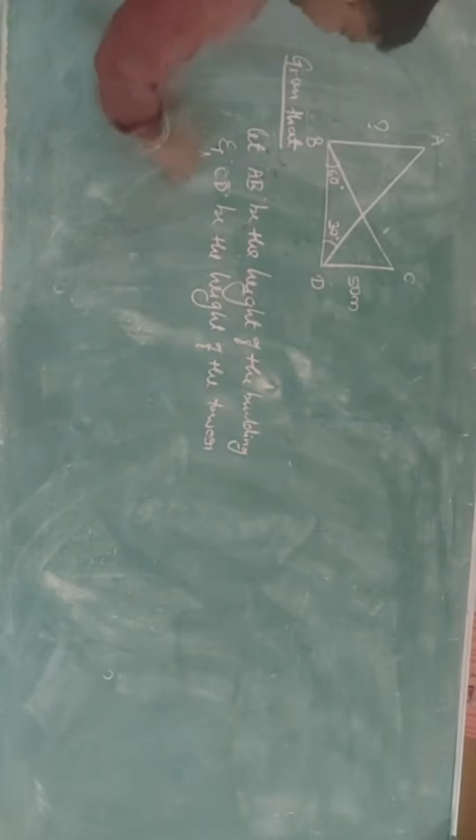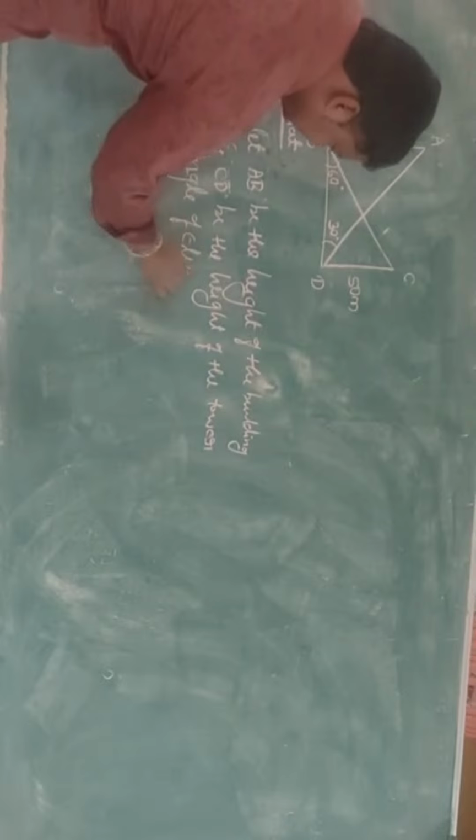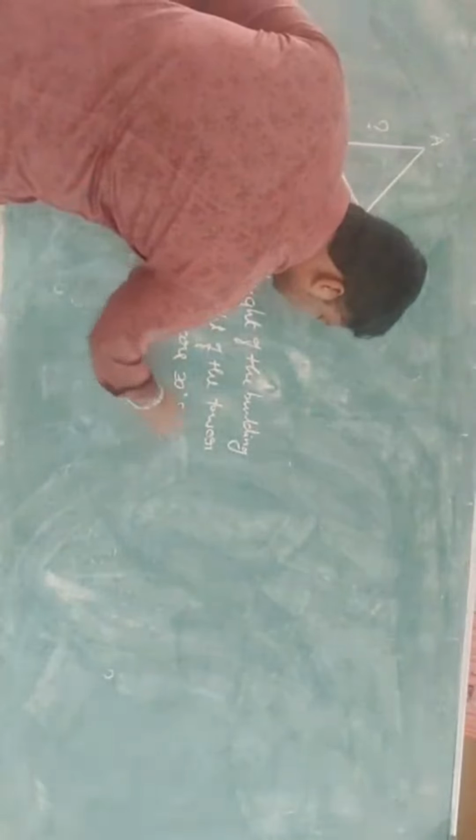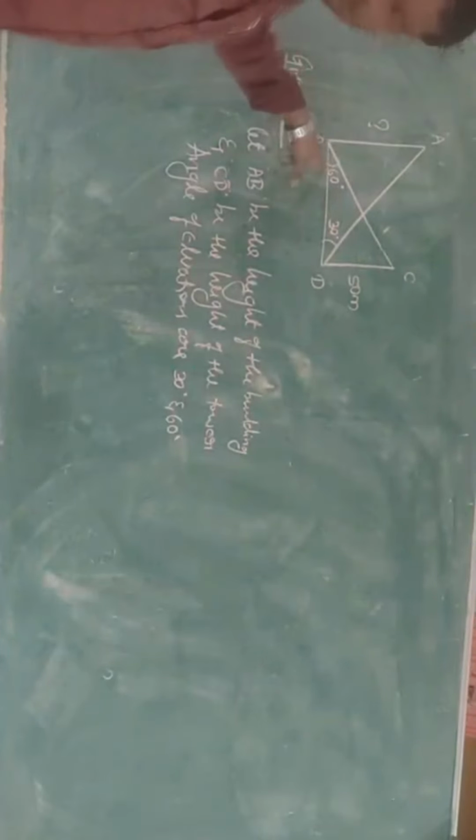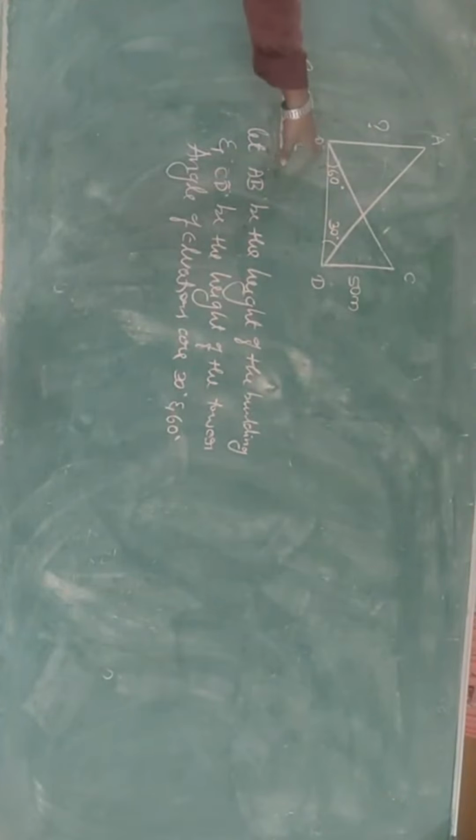That is given, such that CD is equal to 50 meter. And the angles of elevation are 30 degree and 60 degree. See, the angle formed at B in triangle CDB.